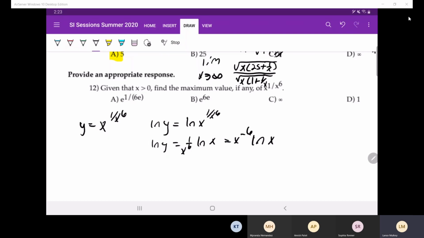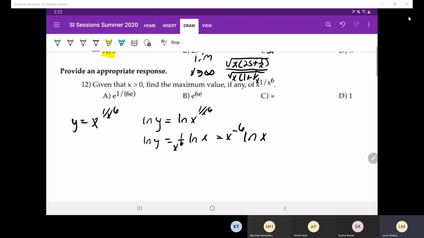I don't know if I'm doing this one right. So taking the derivative, we get y prime over y equals x to the negative 6 times 1 over x using product rule, plus natural log of x times negative 6x to the negative 7.